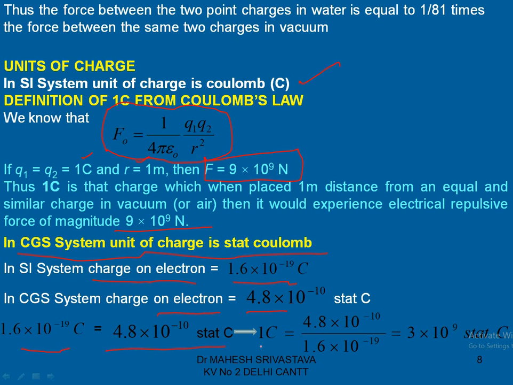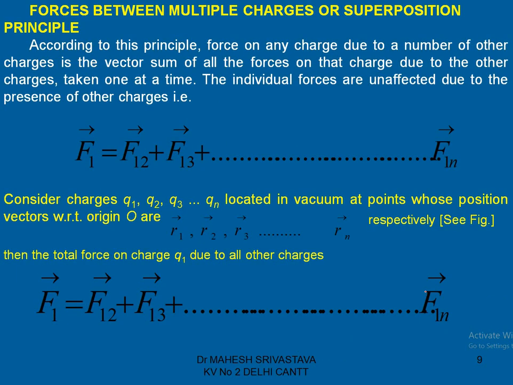Rearrange the expression, then 1 coulomb equals 4.8 into 10 to the power minus 10 divided by 1.6 into 10 to the power minus 19. When you solve it, you will get 3 into 10 to the power 9 stat coulomb. So 1 coulomb is equal to 3 into 10 to the power 9 stat coulomb. This is the relation between coulomb and stat coulomb.